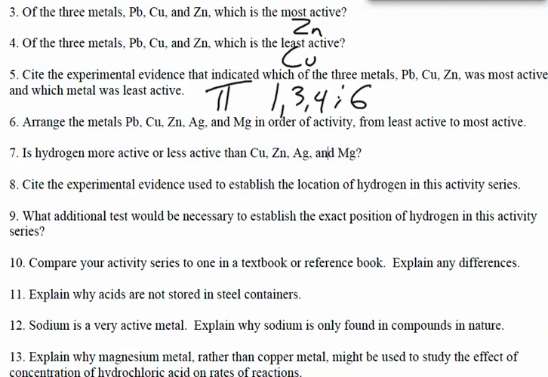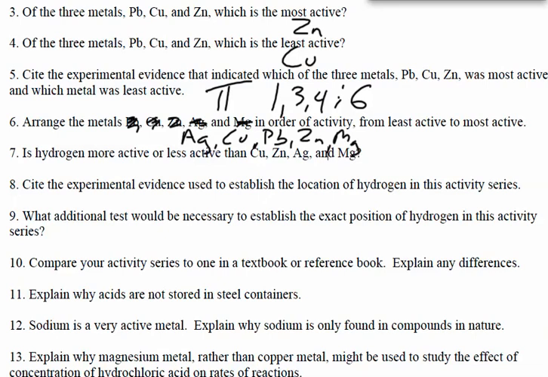Arrange the metals lead, copper, zinc, silver, magnesium from least active to most active. So we had silver and copper, and we're left with lead and zinc and magnesium.